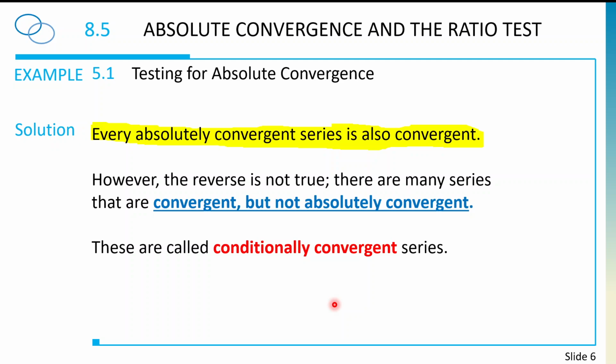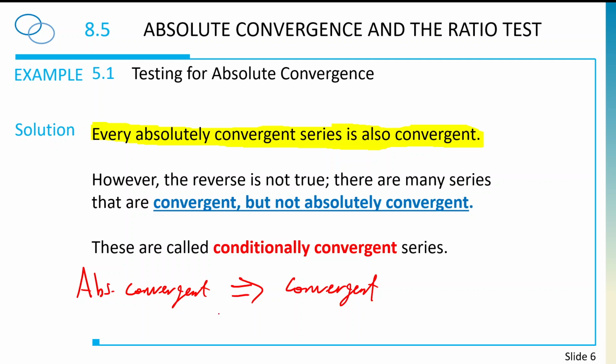Which one is stronger, absolutely convergent or normal convergent? What you need to know is that absolutely convergent is stronger. So anytime I have a series that is absolutely convergent, this implies that the series is convergent. So it's a stronger condition.